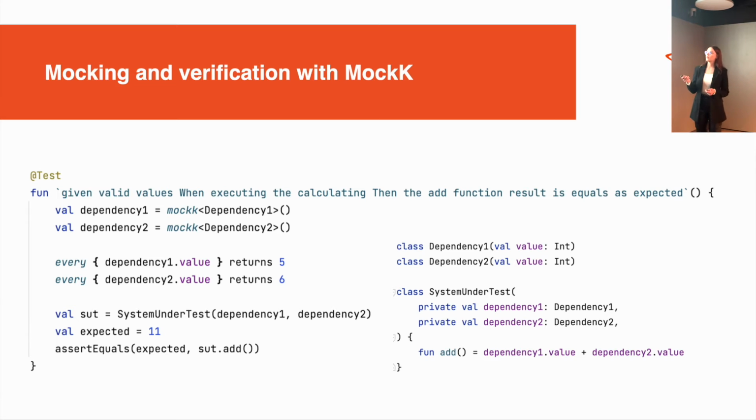And we are always going with keywords: given some condition, when doing some action, then what we are expecting our test to retrieve. And by doing so, we need to add backticks at the start and at the end of our function names.